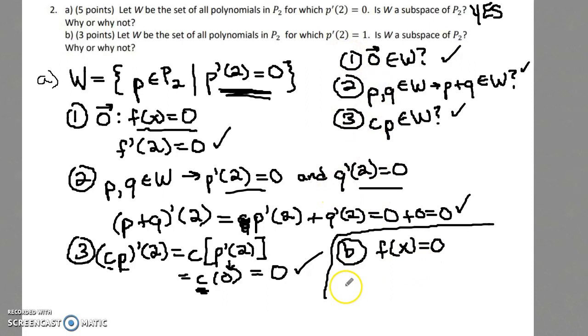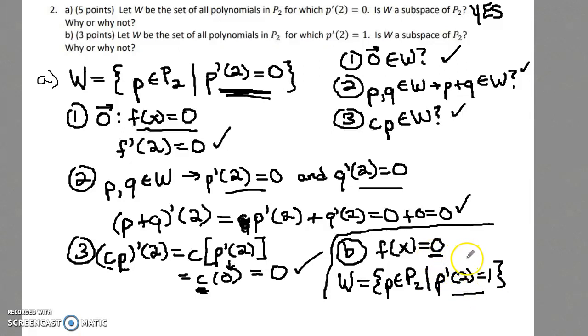Let me write out the set W for part B here. It's this collection of all polynomials in P2, but this time the added condition is that the derivative at 2 is 1. And so that's going to fail for the function f of x equals 0, the derivative everywhere is 0.